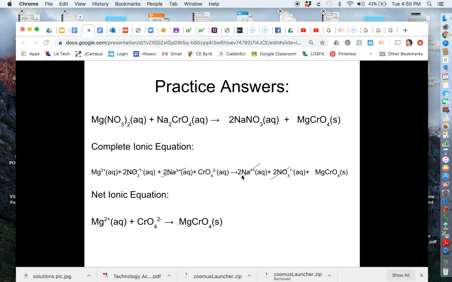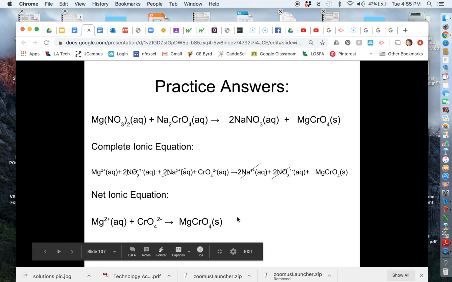So the first compound would be an aqueous solution, 2 Na 1 plus AQ, 2 NO3 1 minus AQ. And the second product is going to be your solid, magnesium chromate solid. Mg2 plus AQ plus CrO4 2 minus, MgCrO4 solid. We marked everything out that was not involved in forming that solid.